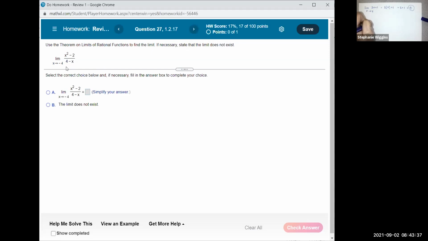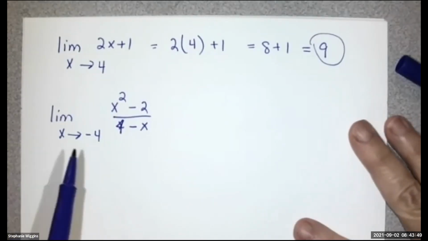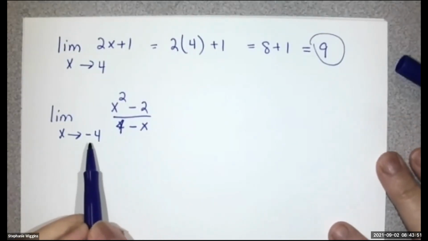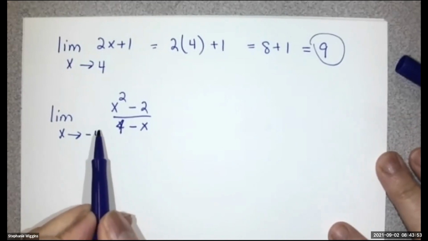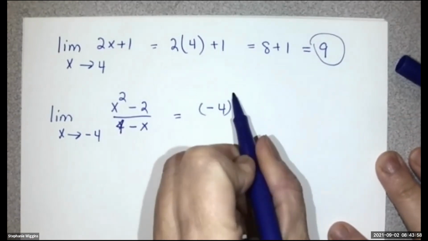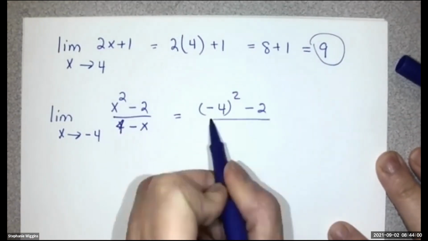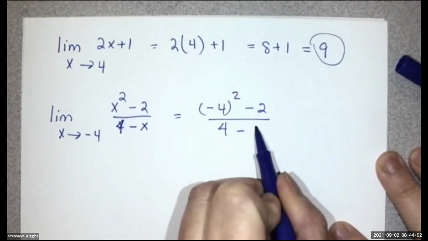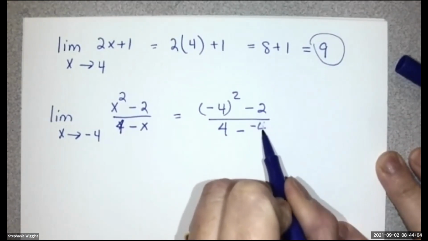X approaches -4, x squared minus 2 over 4 minus x. So again, this is a 4, by the way. You plug in -4, you're going to get -4 squared minus 2, then 4 minus -4.